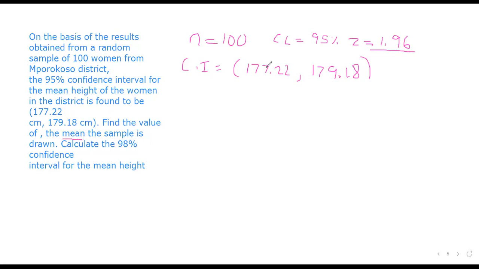Who remembers how you find the mean when you're given the confidence interval? We add the 2 and divide by 2: lower bound plus upper bound divided by 2. What do we get?